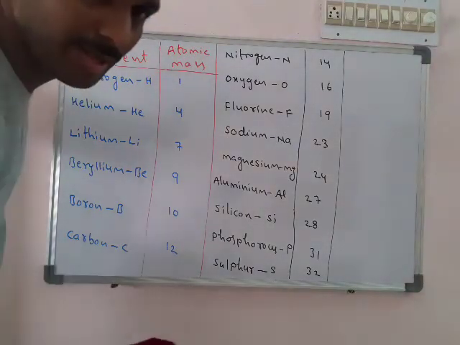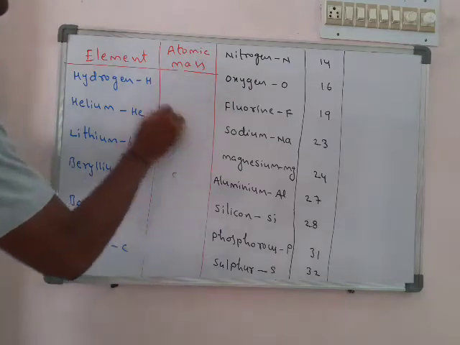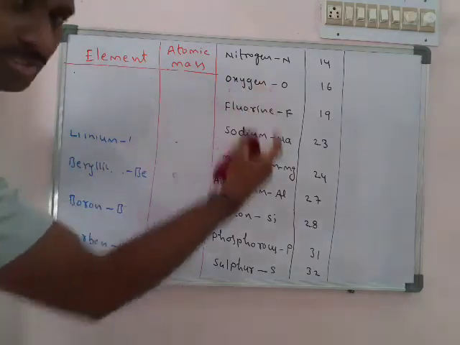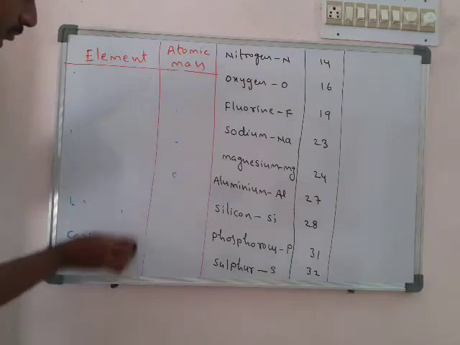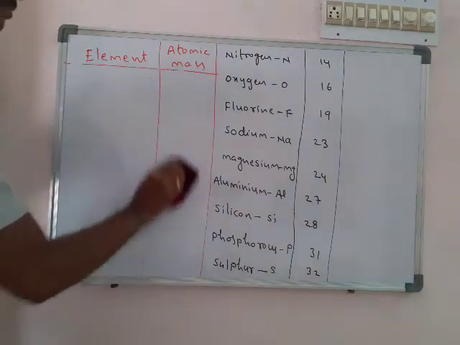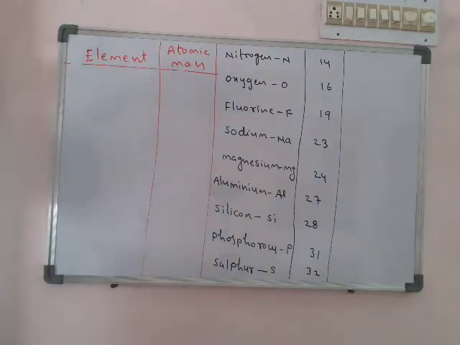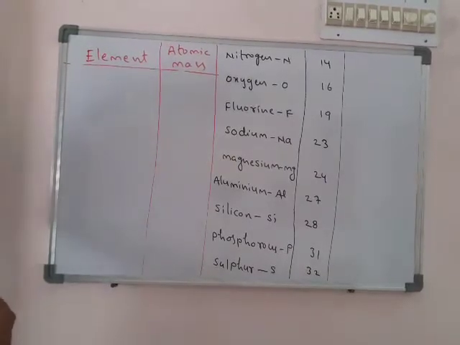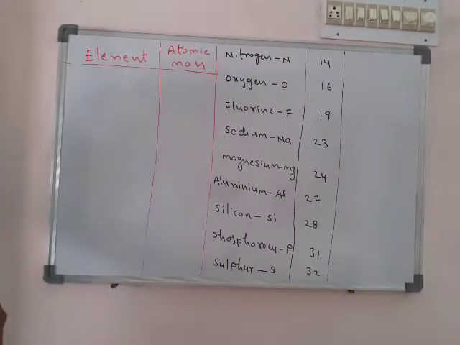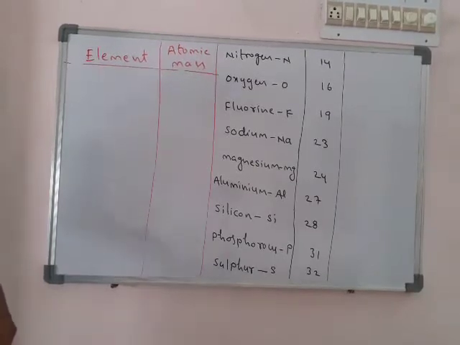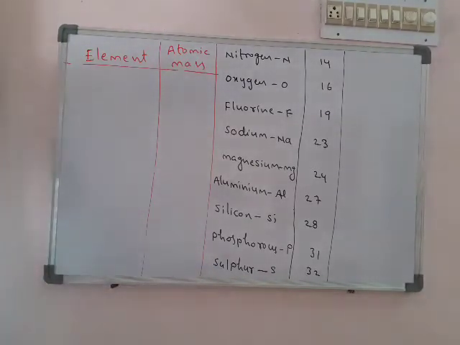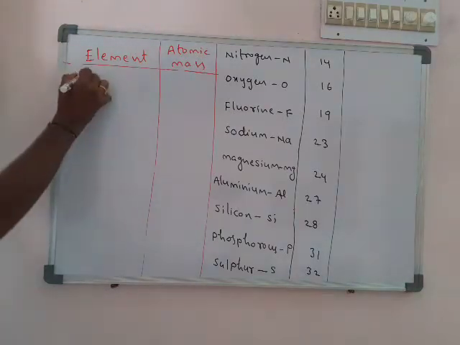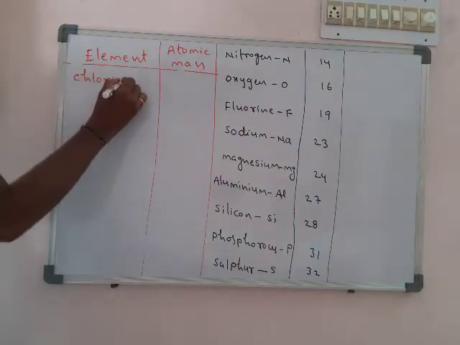Okay, see the atomic mass of some more elements. Let's continue this table. I'm writing the atomic mass of some more elements now. So next after sulfur, chlorine.